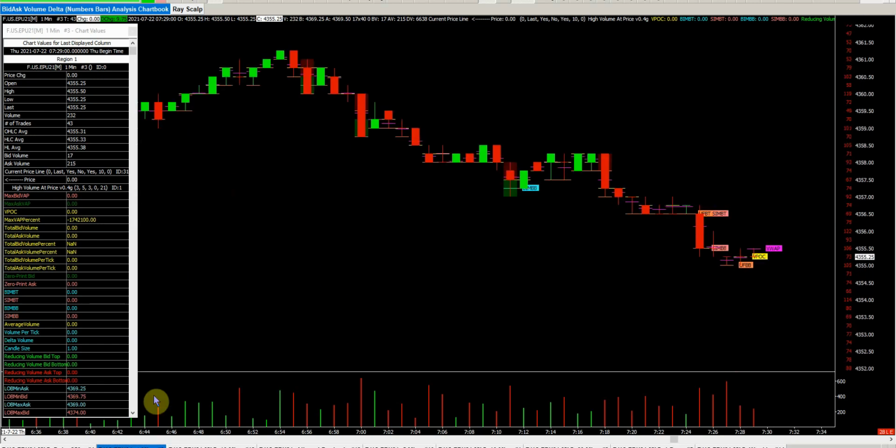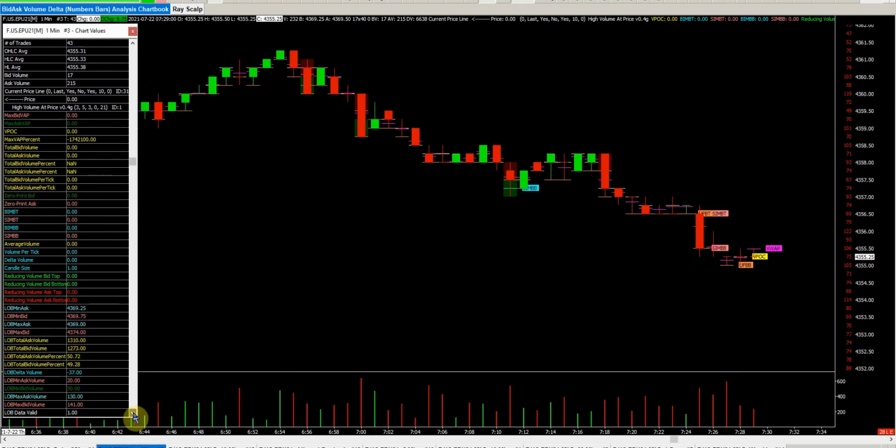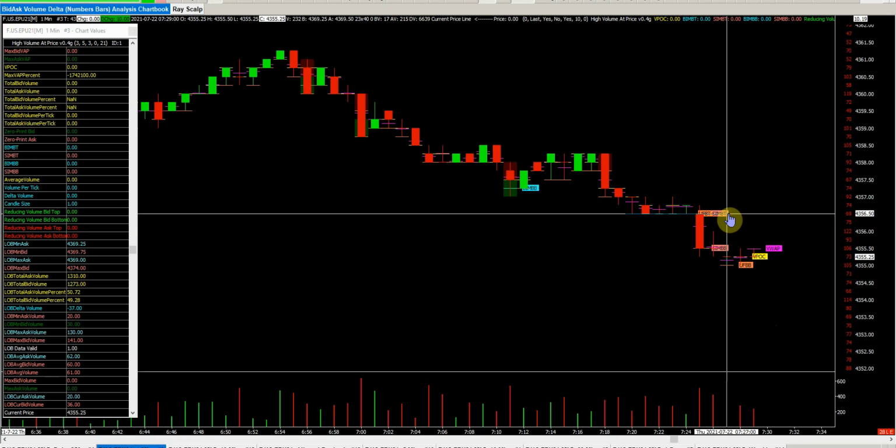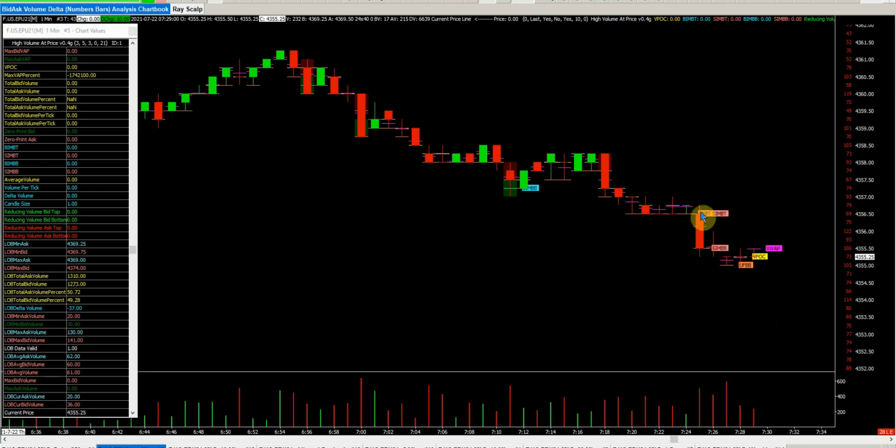Now it's mapped out a bunch of different stuff. You'll see high volume price, all the stuff over here, and you'll also see the indicators over here. You'll see buying imbalances and selling imbalances, which is SIMB, either T or B, at the top or the bottom of the candle. You'll see unfinished business.